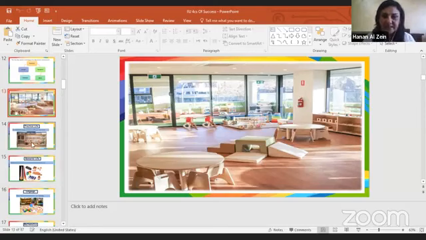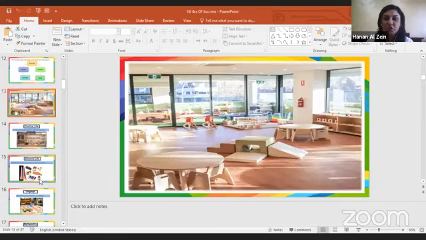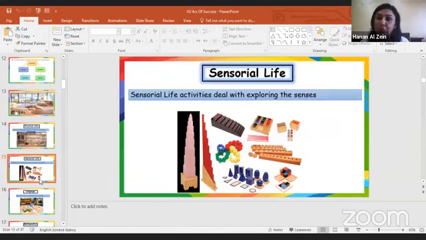This is the practical life. We see that all the materials are arranged and organized on shelves, very wide classrooms where students are able to move freely. As you see, this is the sensorial life.